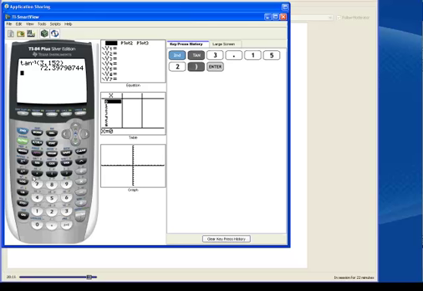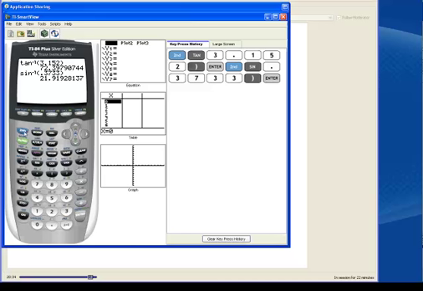The next one is the inverse sine of 0.3733, which gives 21.92. That's pretty close to my estimate of 20 degrees.